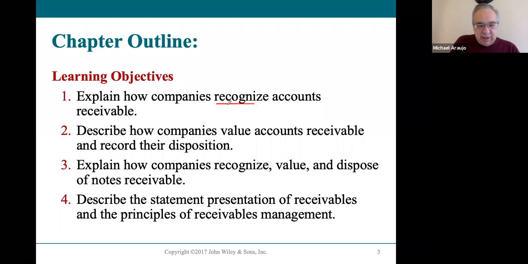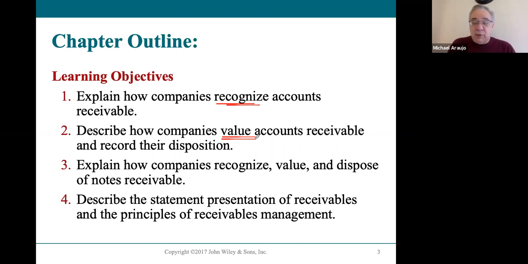So how they are recognized, accounts receivable will have to be recognized. And then again, these show up on the balance sheet, which means they have a value. And just like inventory, where we can't value inventory above what it's really worth, we have to do the same thing with accounts receivable.